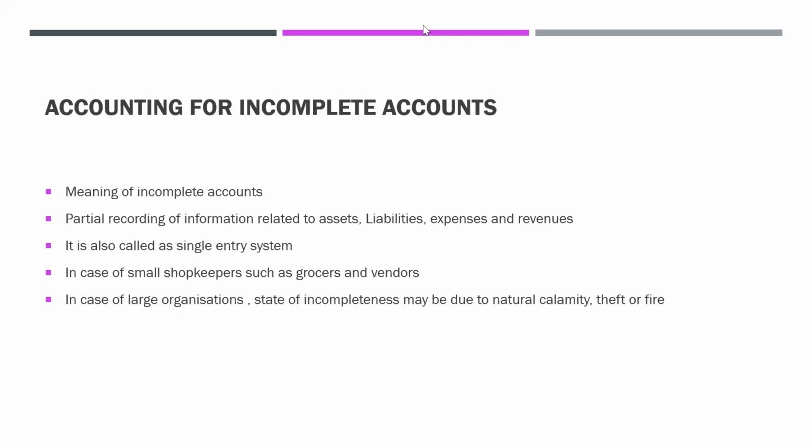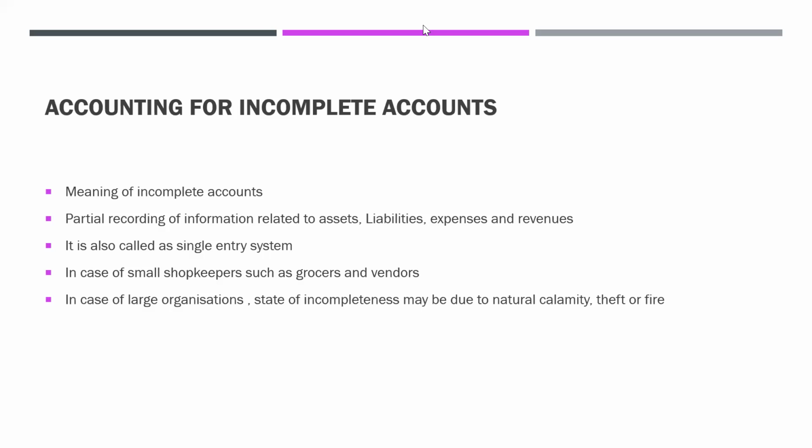Now, for example, when the business is of a small scale, they may not afford to keep an accountant who will be well versed with accounting knowledge. So they may just keep a diary where they maintain that so and so goods were purchased, and this much money was received as capital from the owner.